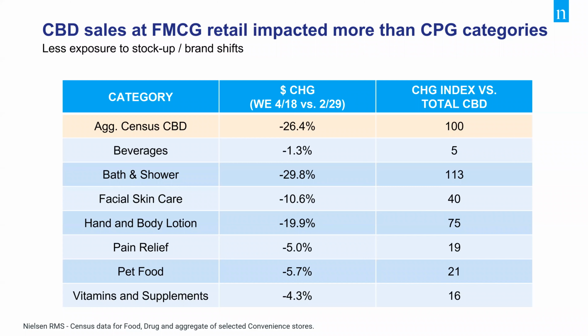Certainly things like pain relievers didn't see as much of a fall off, just because we know that people are probably stocking up on those. They know that they may run into an issue at being at home, get hurt. Same thing for beverages.